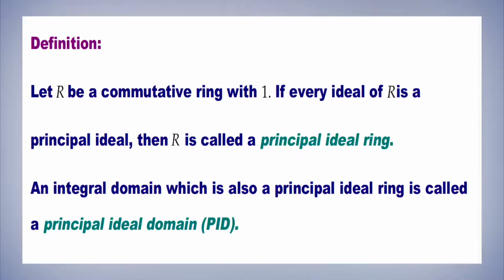Now the definition of the principal ideal domain is, let R be a commutative ring with 1. If every ideal of R is a principal ideal, then R is called a principal ideal ring. An integral domain which is also a principal ideal ring is called a principal ideal domain or PID.